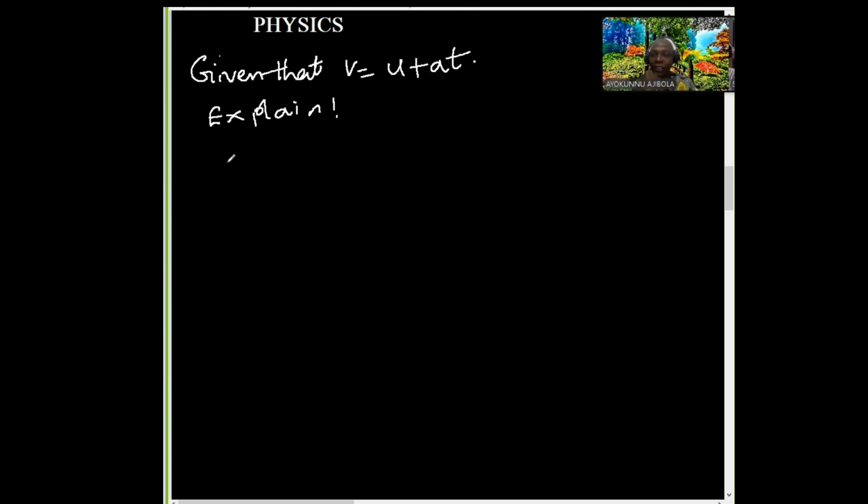Now, let's listen. Is there anybody that can explain how? Yes, first equation of motion. We are agreed it is the first equation of motion, but how? V is the final velocity, which equals the initial velocity plus acceleration times time.